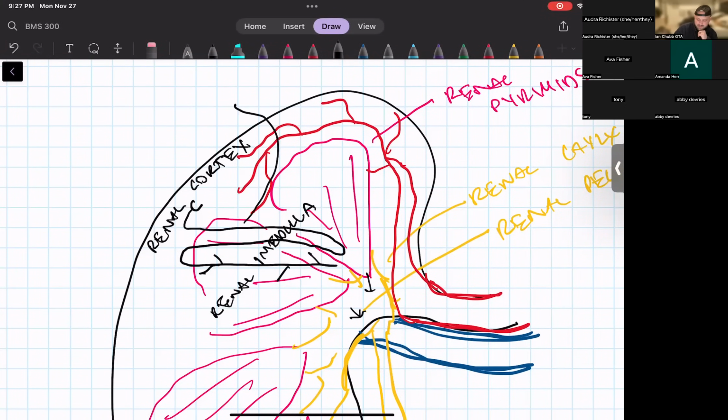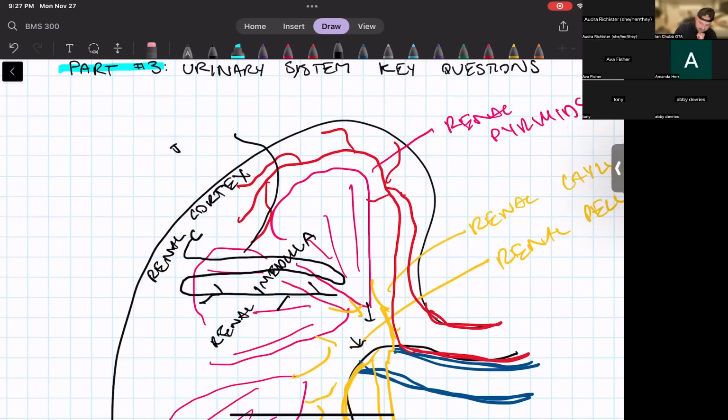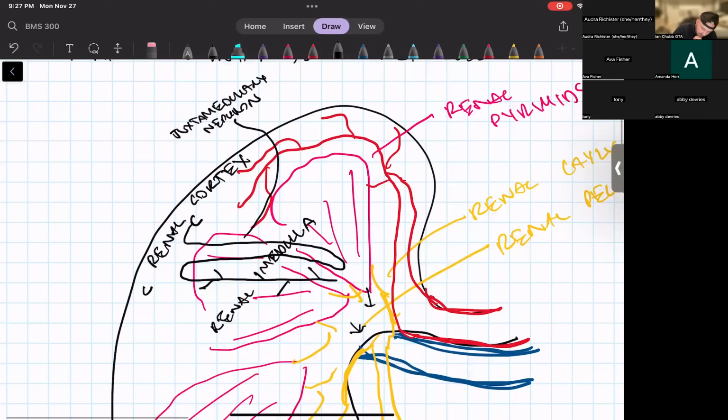This nephron is what we call a juxtamedullary nephron. It's going to dive all the way into the medulla. So it's going from the cortex to the medulla. You'll have different length nephrons. So you could also have a cortical nephron where it stays up here and it doesn't go all the way down into the medulla, but it just stays a little bit higher.